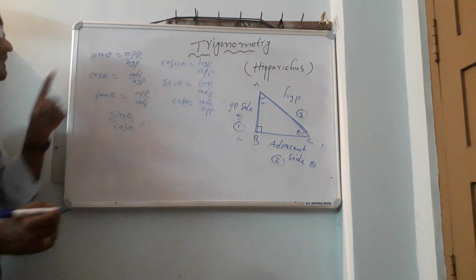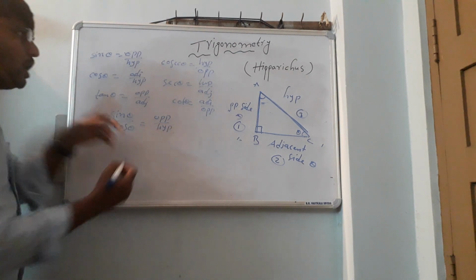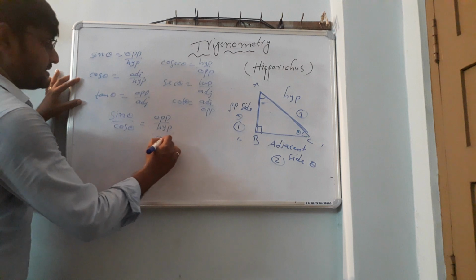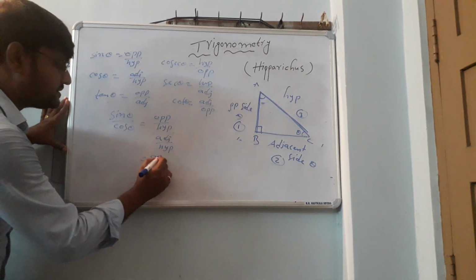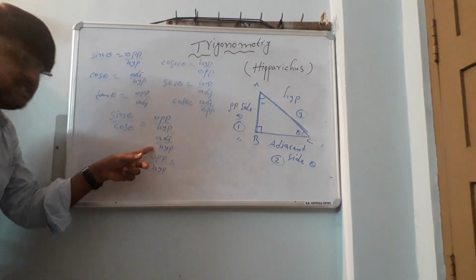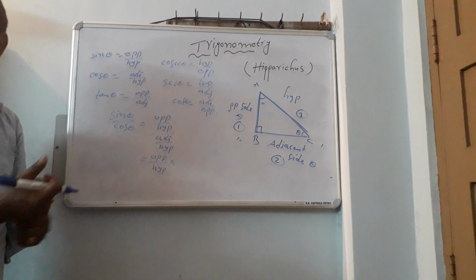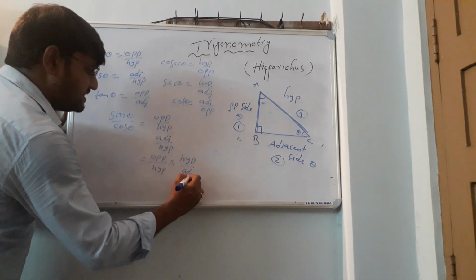I am taking one condition here: sin theta by cos theta. Already we know the sin theta ratio is opposite side by hypotenuse, and the cos theta ratio is adjacent side by hypotenuse. So the numerator is the same, opposite by hypotenuse, into the denominator. This is in the form of a fraction, right? The fraction is converted into its reciprocal, hypotenuse by adjacent side.